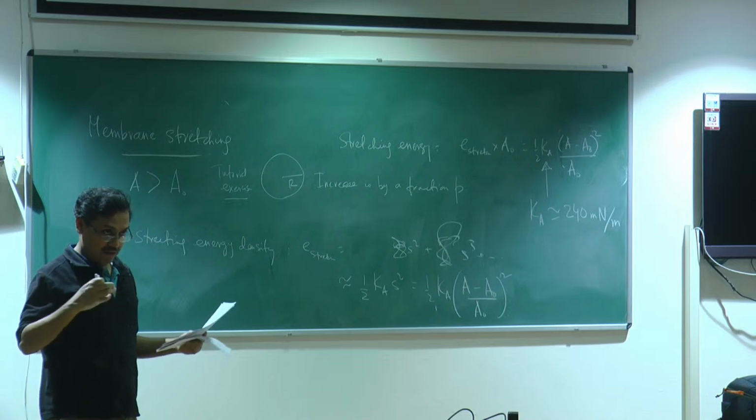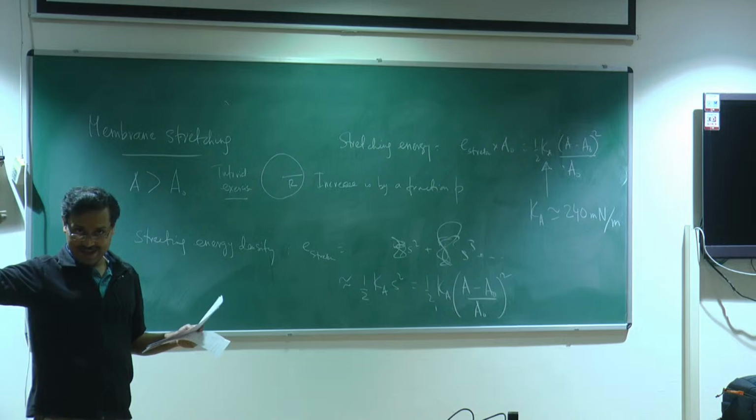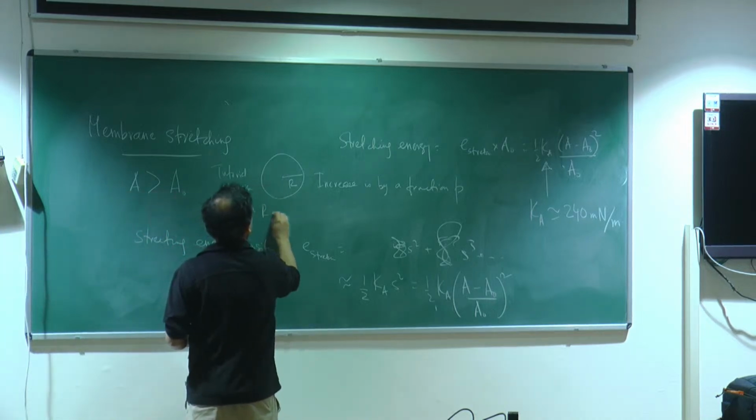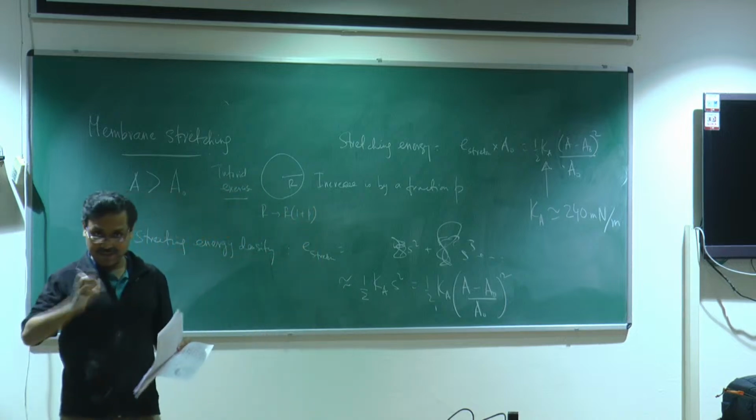So r goes from r to r plus rp, or r becomes capital R times 1 plus p. P is a fraction.